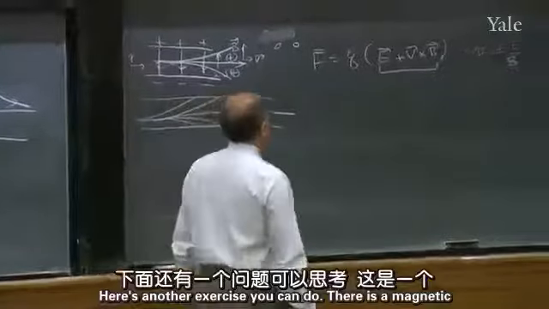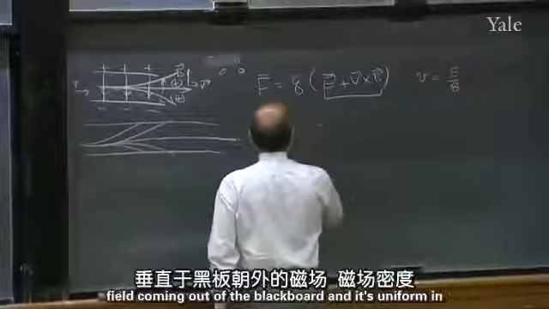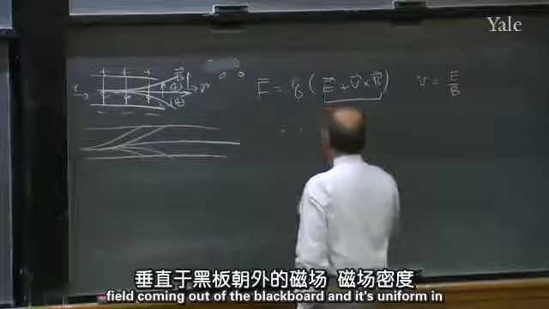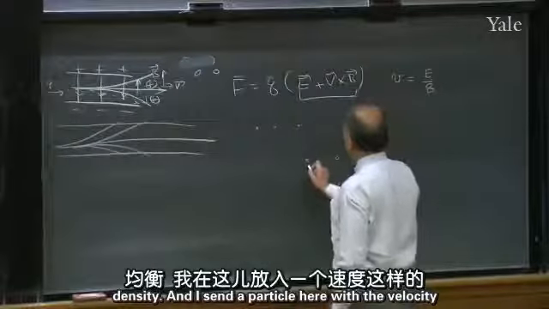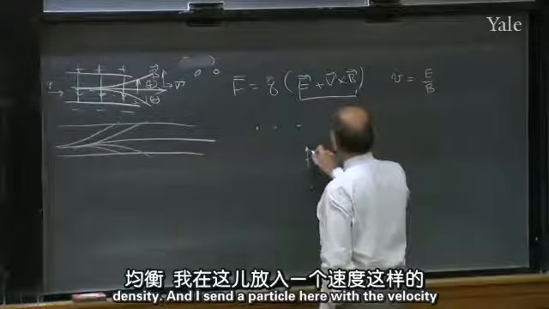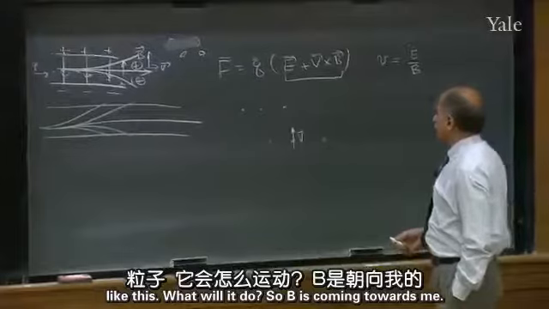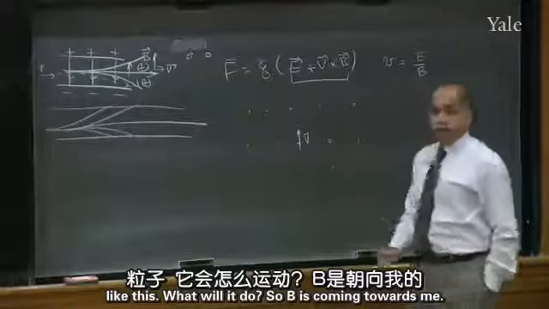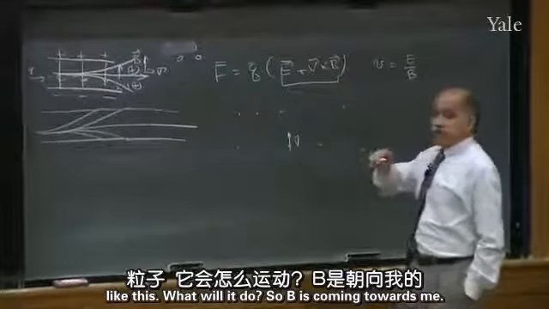Okay, here's another exercise you can do. There is a magnetic field coming out of the blackboard, and it's uniform in density. And I send a particle here with a velocity like this. What will it do? So B is coming towards me.